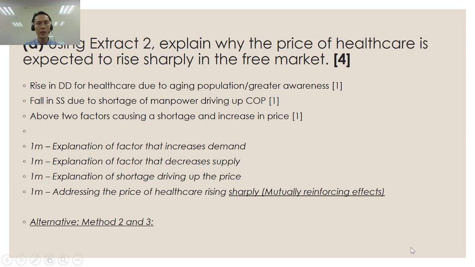There is a mutually reinforcing effect on prices: the rise in demand causes prices to increase, and the fall in supply causes prices to increase further. So that would be good enough to get the full 4 marks.